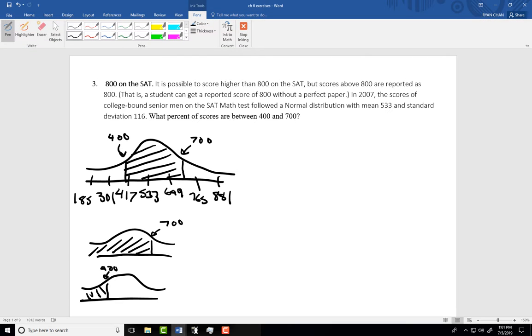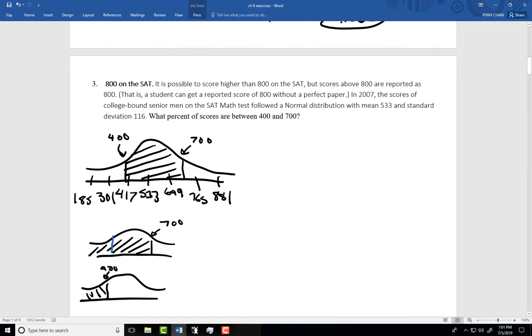So if I do 700 minus 400, notice what I'm doing. I'm actually cutting this part out. This part doesn't exist. Let me repeat that: I'm going to find the table of the 700, which goes to the left, and subtract the table of the 400, which also goes to the left. So I'm going to do two z-scores right here.